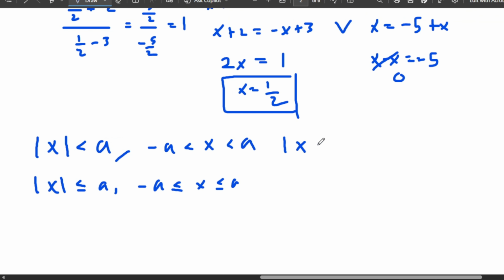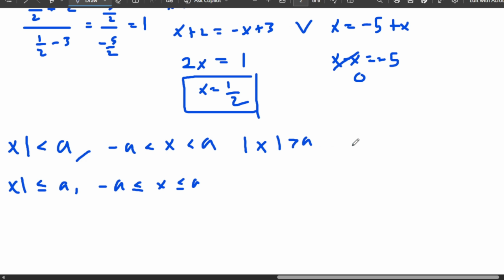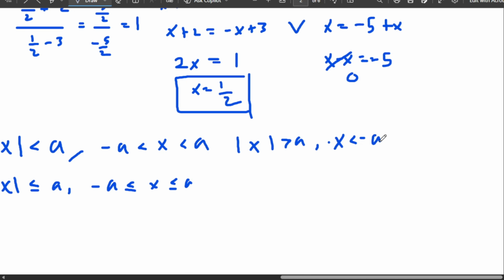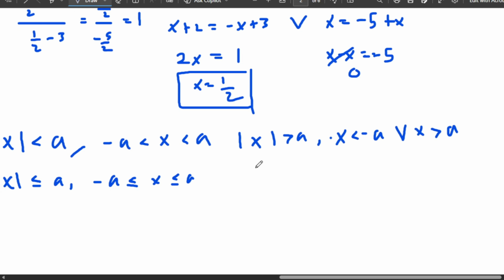If absolute value of x is greater than a, we have x is less than negative a, or x is greater than a. Absolute value of x greater or equal to a means x is less than or equal to negative a, or x is greater or equal to positive a.